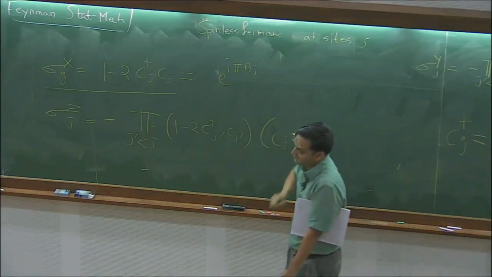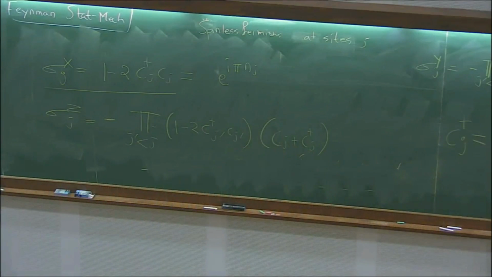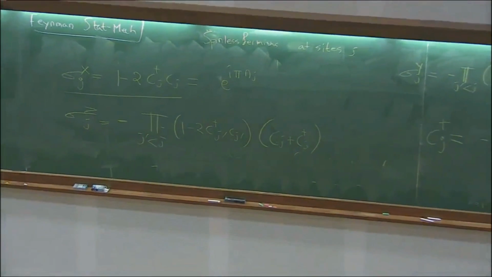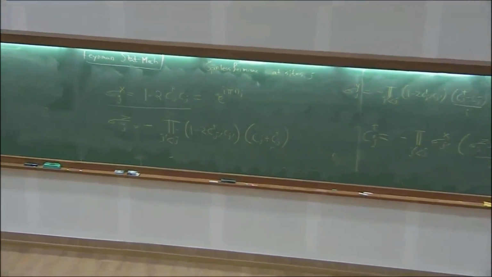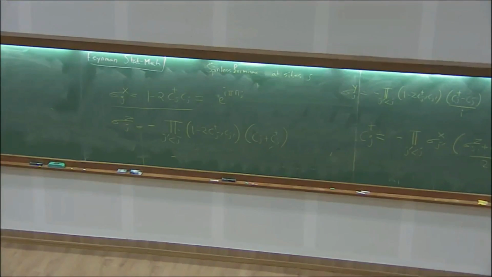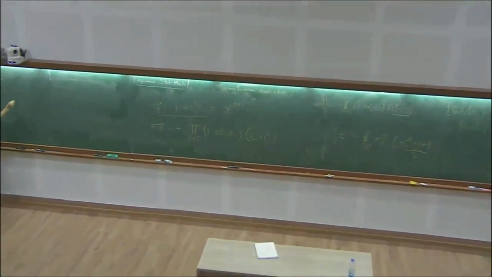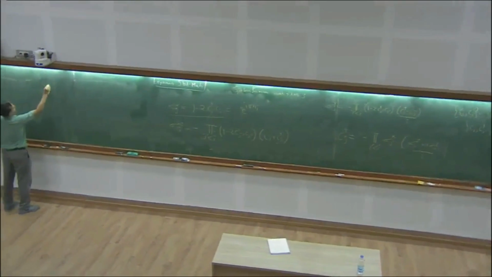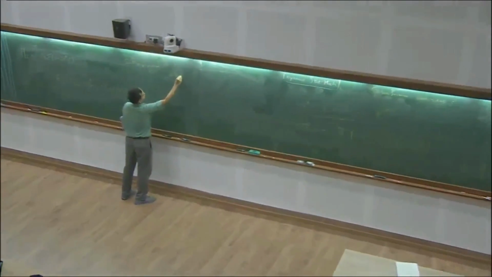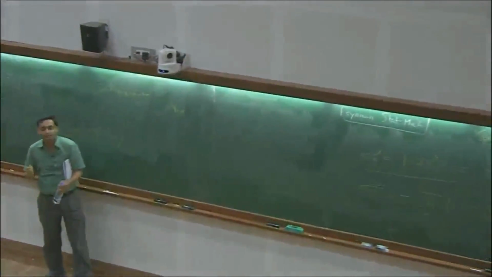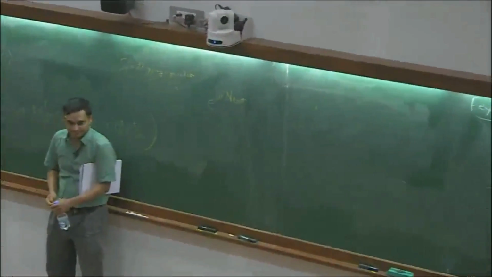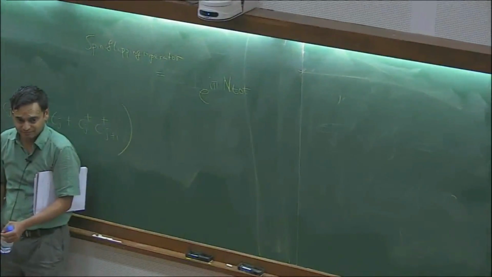So you write it like this, the operator that implements this spin flip in fermion language, the spin flipping operator, is simply e to the I pi n total. The total fermion number parity. Yeah?